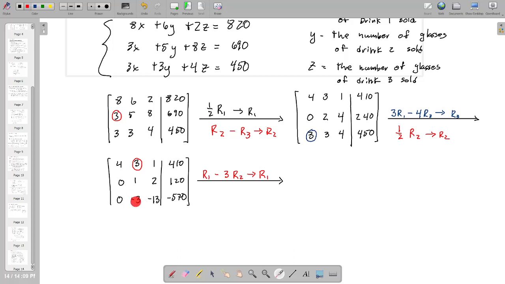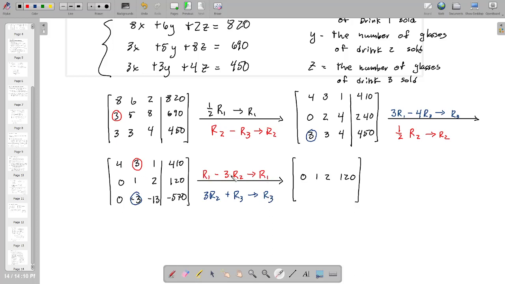I want to eliminate this 3 as well. So I do 3 times row 2 plus row 3, replace row 3. So I didn't change row 2, so I get a 0, 1, 2, 120.